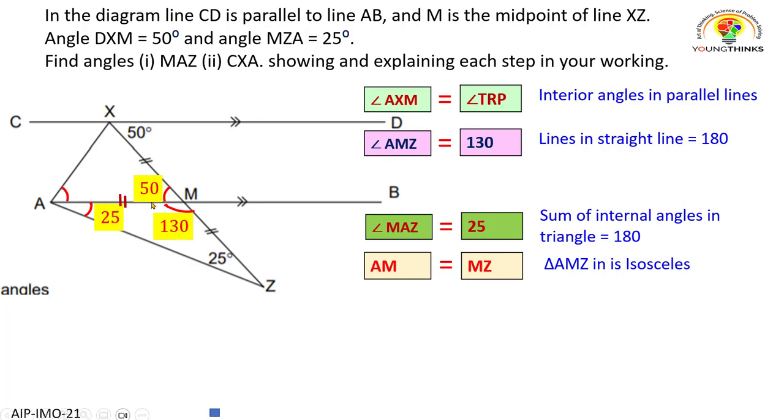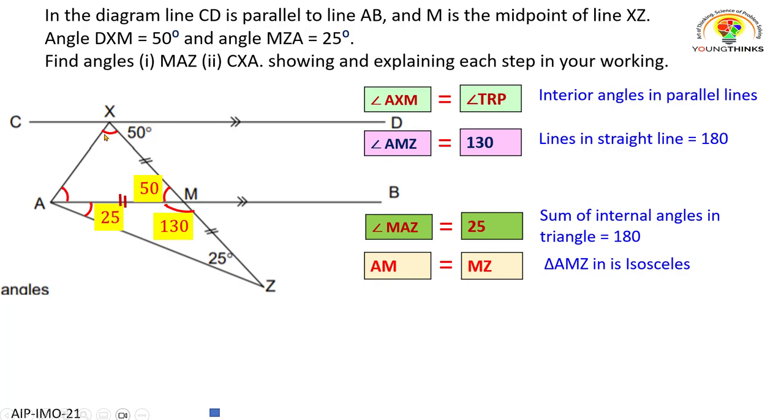Now, in this triangle XAM, we know that MX is equal to MZ, which also happens to be equal to MA. So these two sides are equal, making it an isosceles triangle in which the common angle is 50.